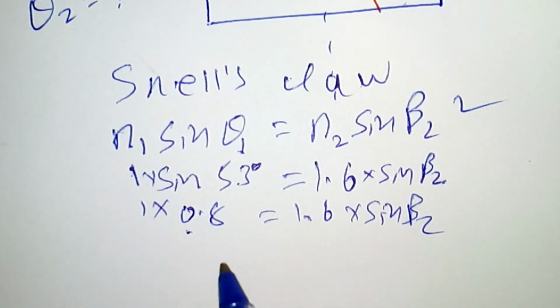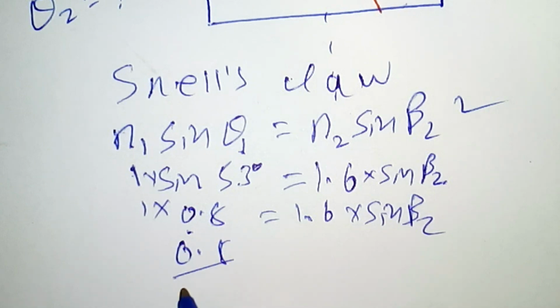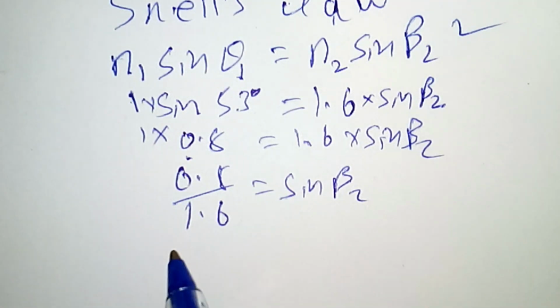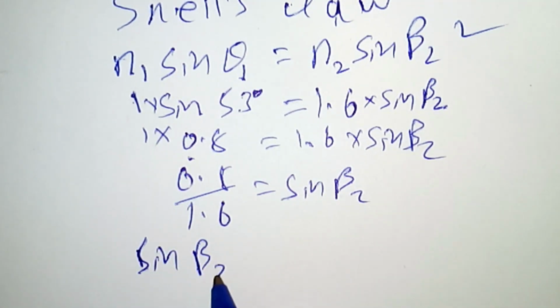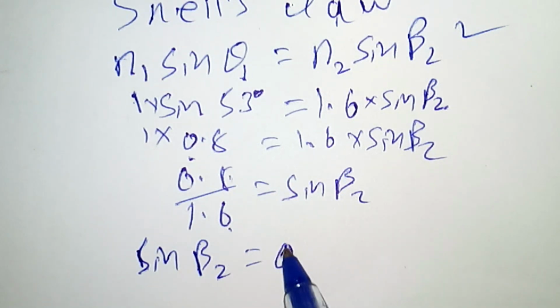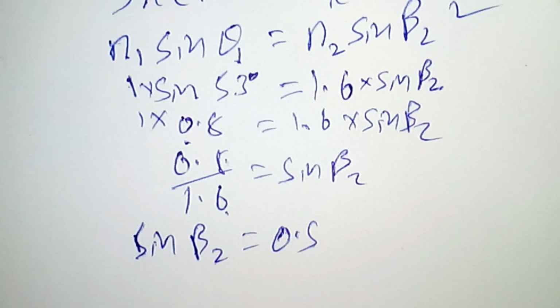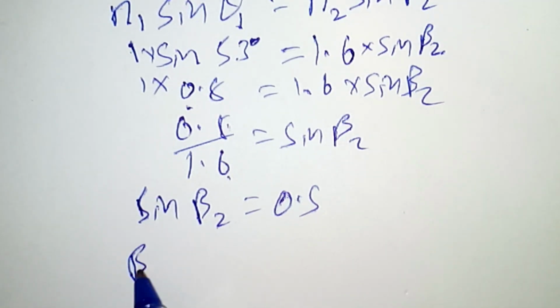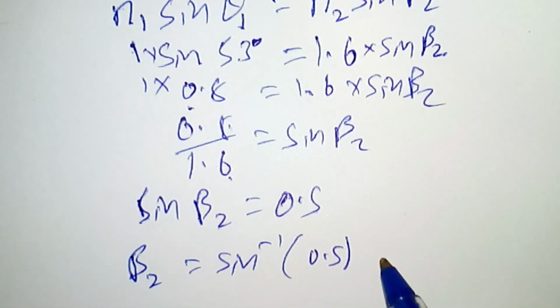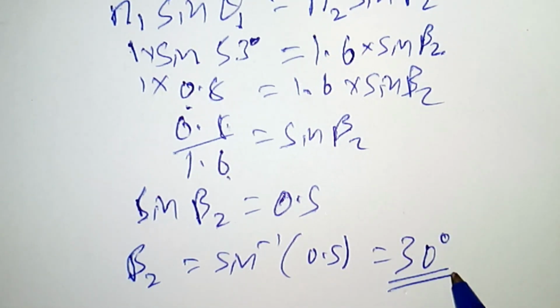So sine of beta 2 is 0.8 divided by 1.6, which is 0.5, exactly half. So angle beta 2 is the sine inverse of 0.5, which is equal to 30 degrees.